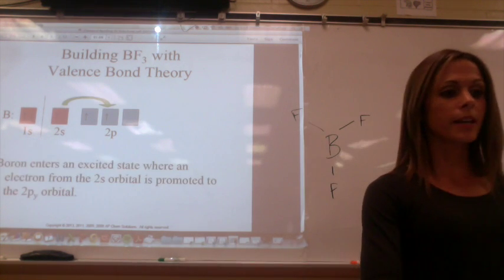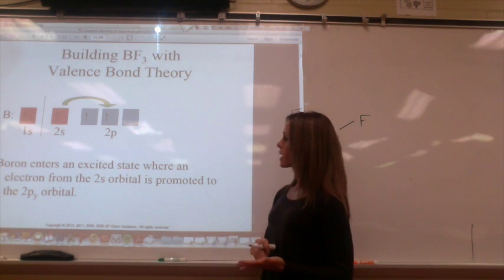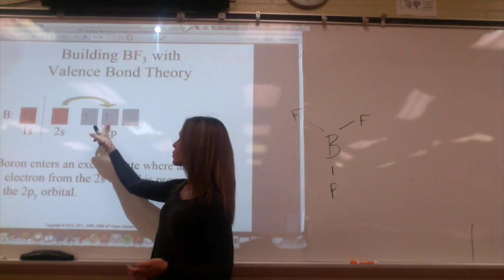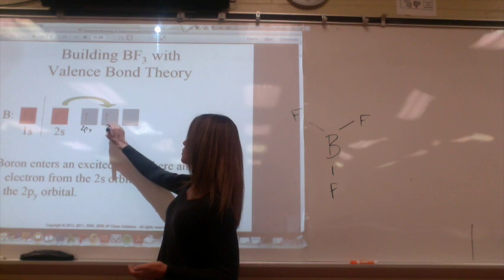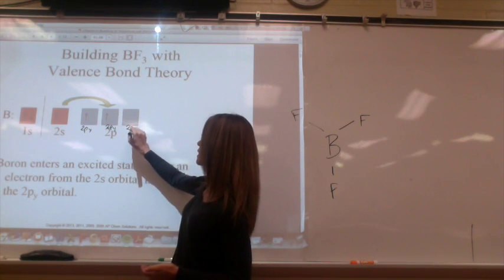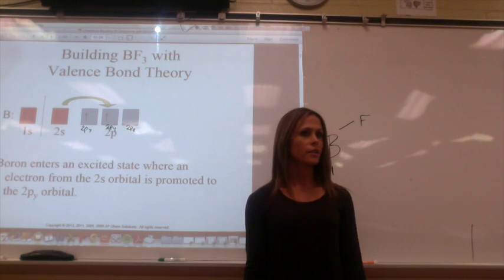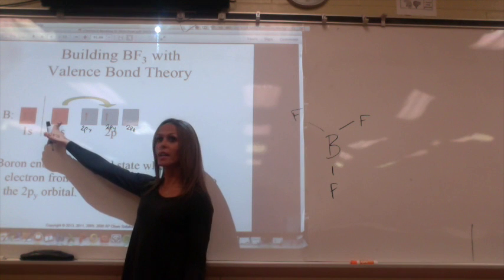So what ends up happening is that boron enters this excited state where an electron from the 2s orbital is promoted to the 2py orbital. So this is 2px, 2py, 2pz. So now how many available spots are there? 3. Because this orbital can get another one.